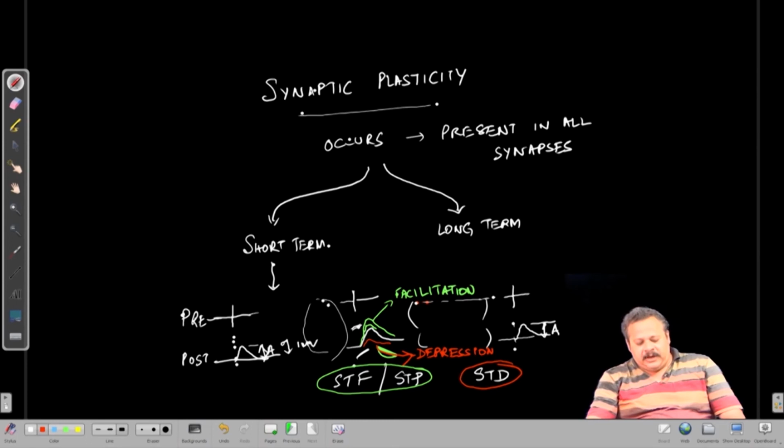So, this temporary phenomenon of change in synaptic strength is what we are calling short term plasticity, because the EPSP is changing its amplitude.